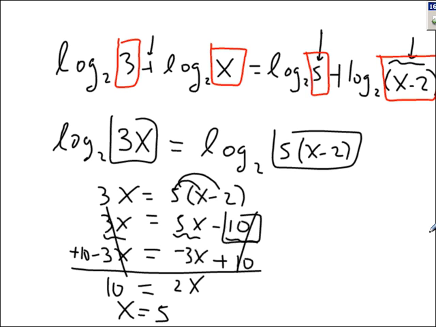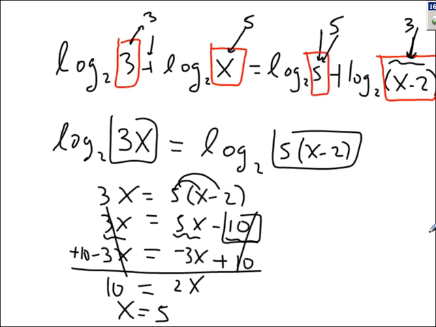Well, when x is 5, we'll have 3 in there. When x is 5, we'll be taking log of 5. And when x is 5, we'll be taking log of 3. We'll always be taking logs of positive numbers, which is fine.